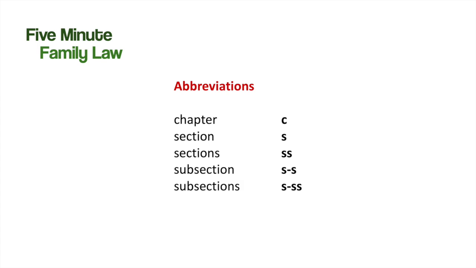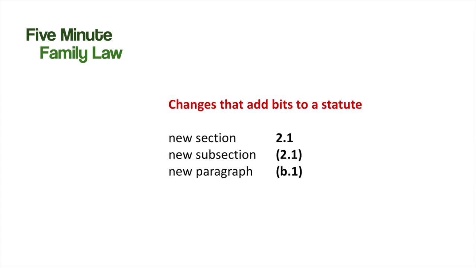You spell subsection S-S, and the plural is S-SS. And you can probably guess that the abbreviation for page is P, and that the abbreviation for multiple pages is PP.